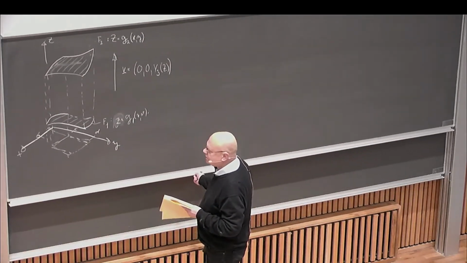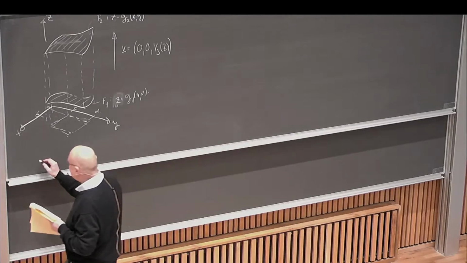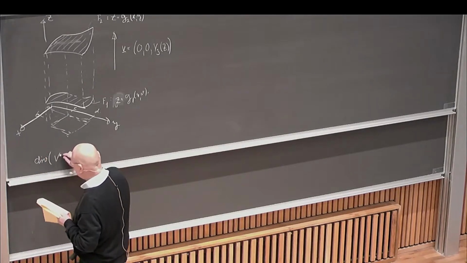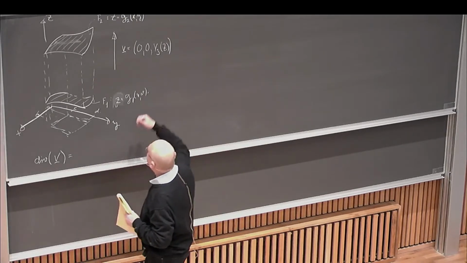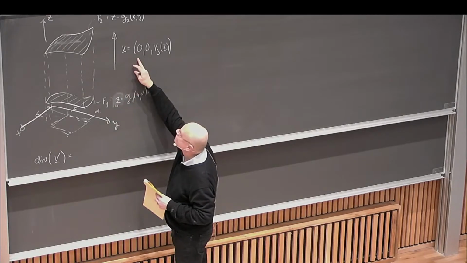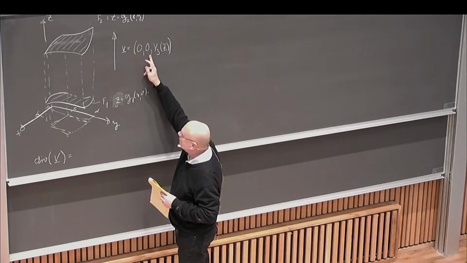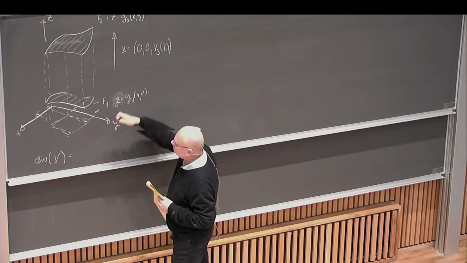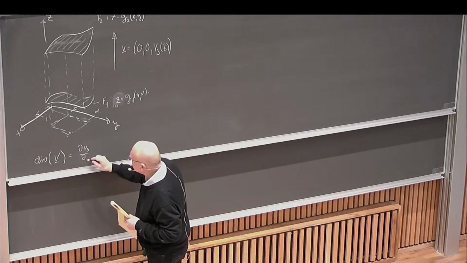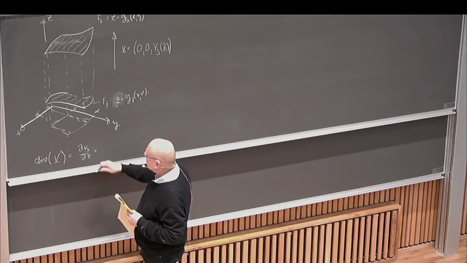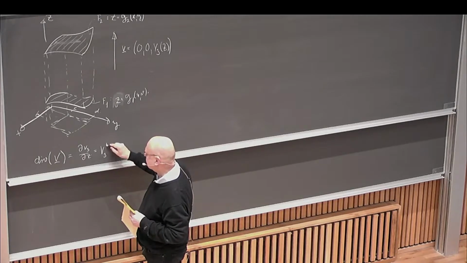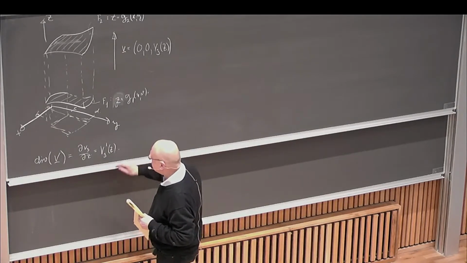Let me continue by writing the divergence of v. Since this is 0, then the derivative with respect to x is 0 plus 0, and then you get dv3/dz. But since this only depends on z, I can write it in this way here.